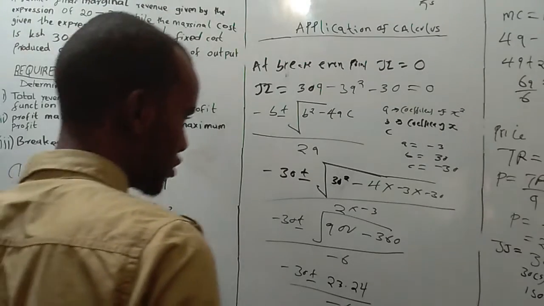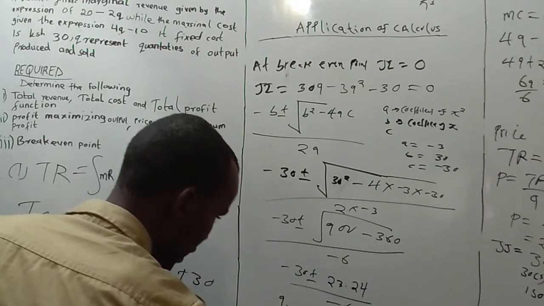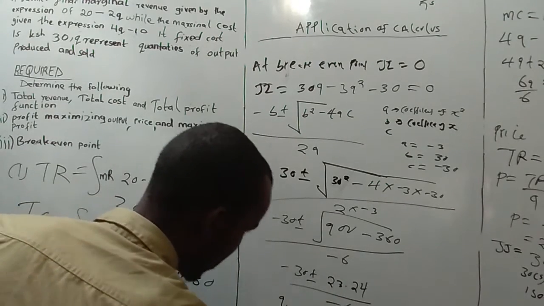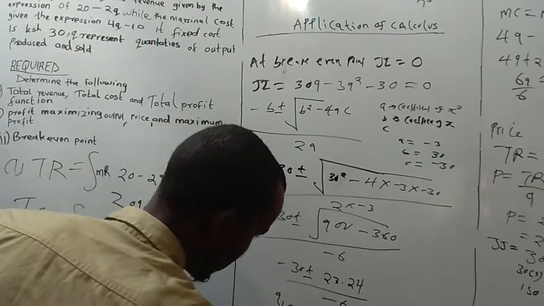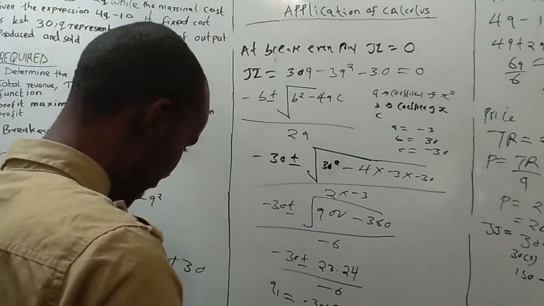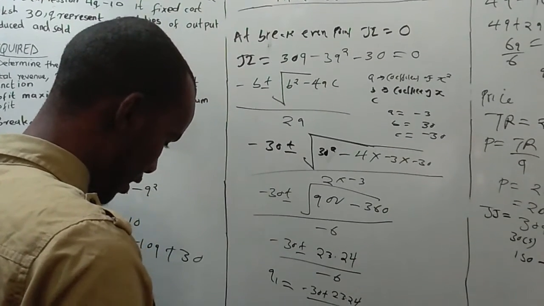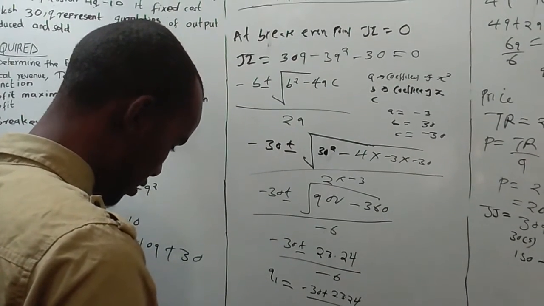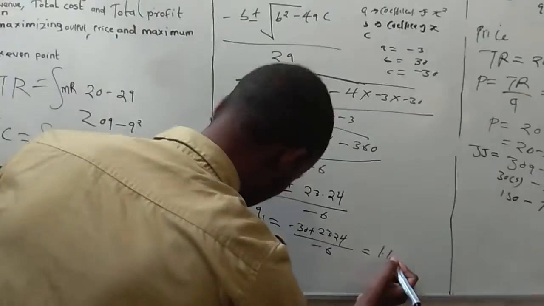Now, our first value, q1, is equal to negative 30 plus 23.24, divided by negative 6, which gives 1.13.